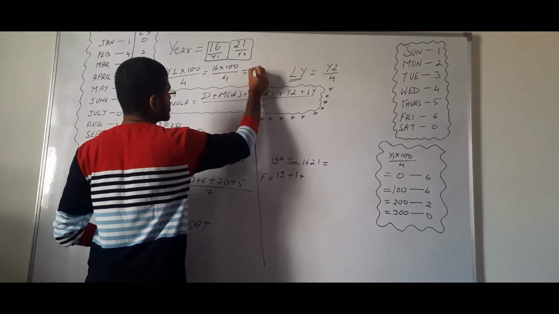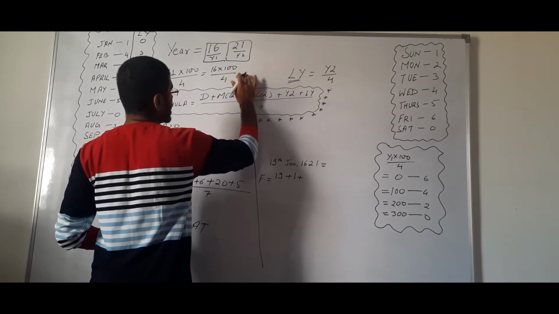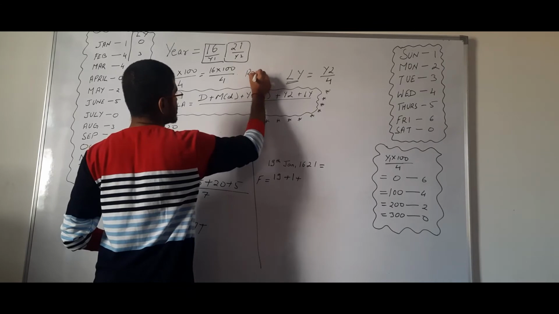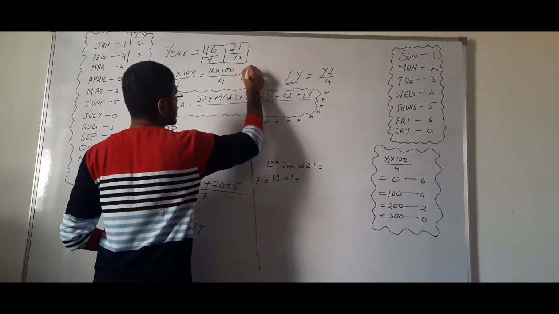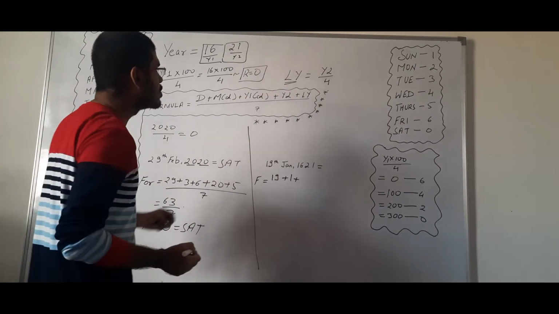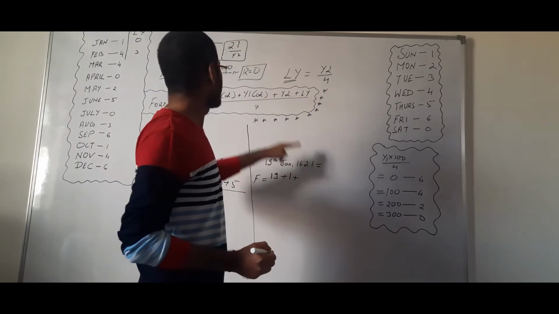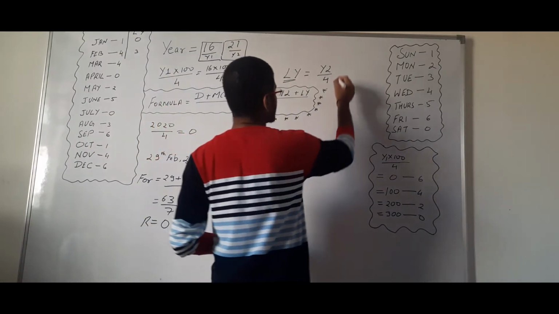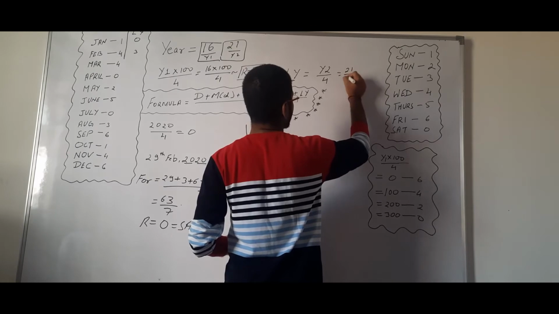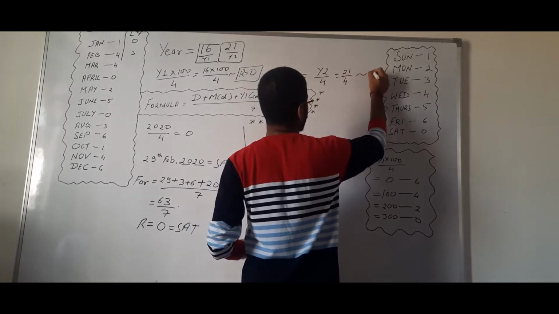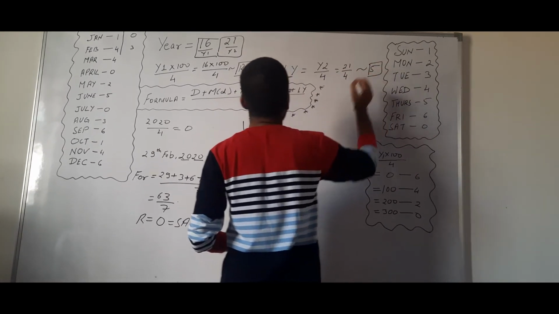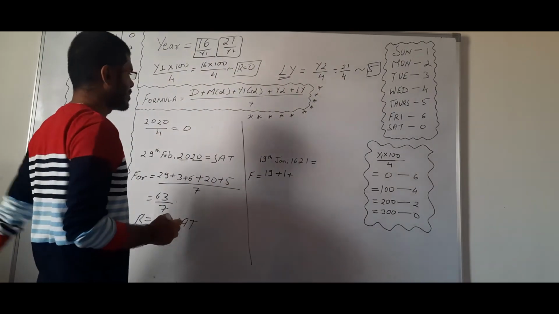This again gives me a remainder of 0. Now the leap year count. How to count the leap years? We need the year 2 part. So year 2 is 21 by 4. This gives me 5. 5 is the count here, 0 is the remainder there.